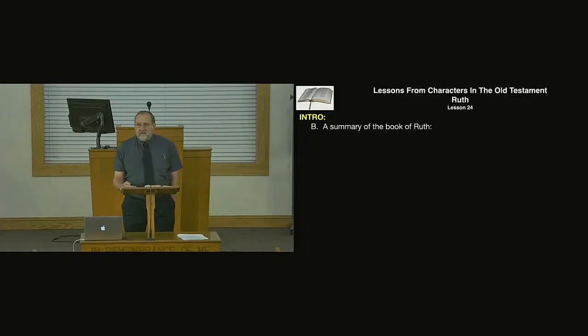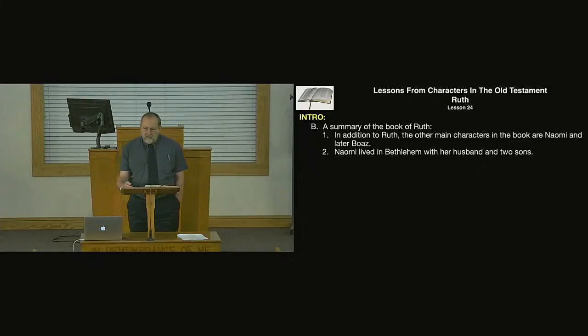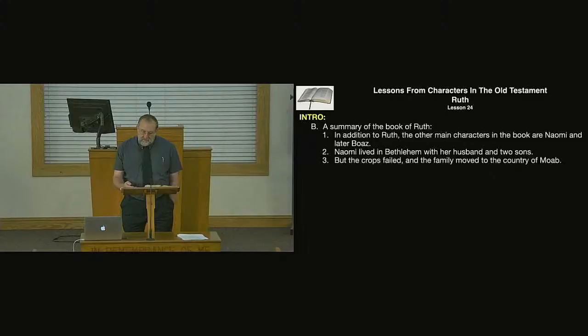Looking at a summary of the book of Ruth, in addition to Ruth, the other main characters of the book are Naomi, and later on Boaz. We see that Naomi lived in Bethlehem with her husband and two sons, but the crops failed and the family moved to the country of Moab.